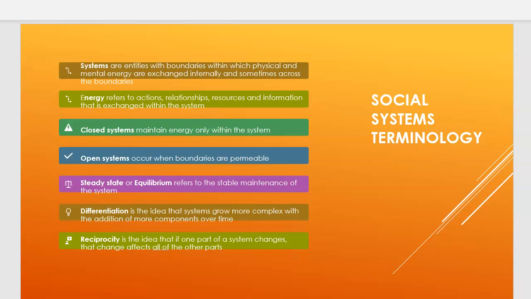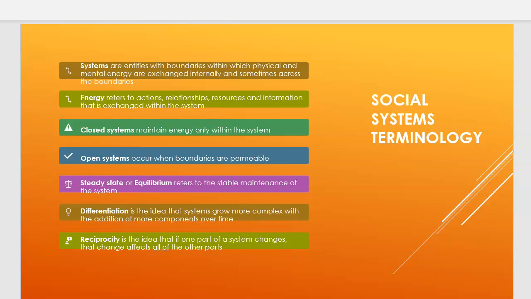So we exchange within the family system, and sometimes our family also has some energy that crosses the boundary. Examples of that may be some extended family, may also be relationships with neighbors or other important people that may have an impact on the system as a whole.